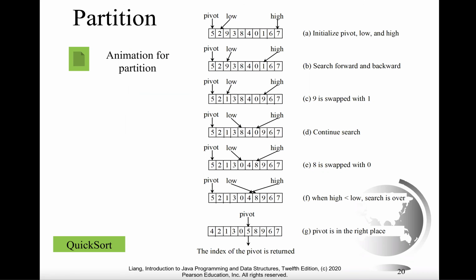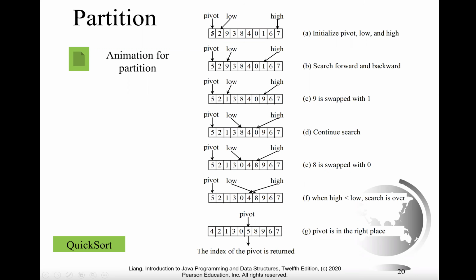Now, how do you perform partition? To perform partition, we use the indexes low and high to denote this is in the first part and this is in the second part.